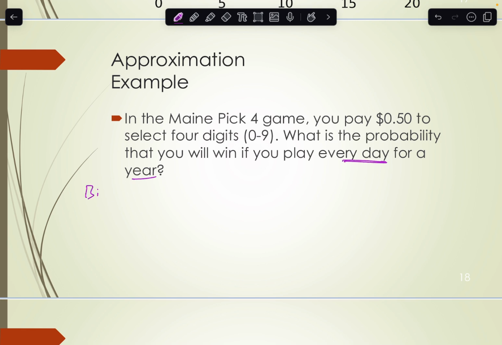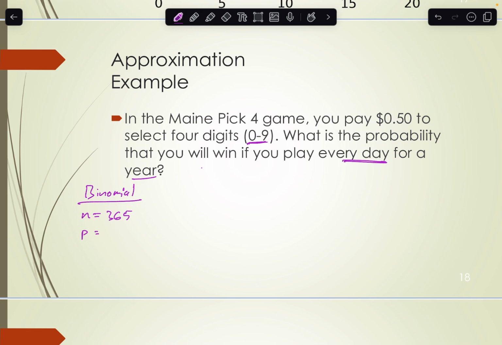For the binomial case, we have n equals 365. What's the probability of me winning on any given day? I need to pick 4 digits from 10 choices, 0 through 9.